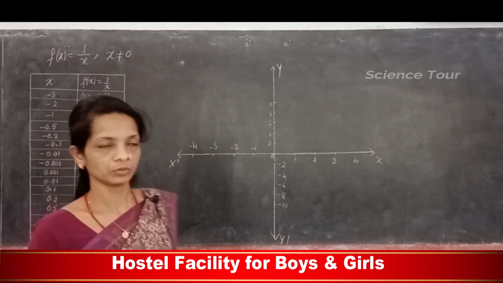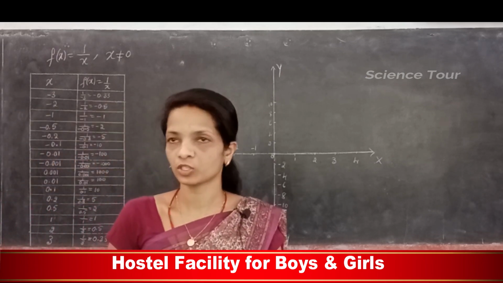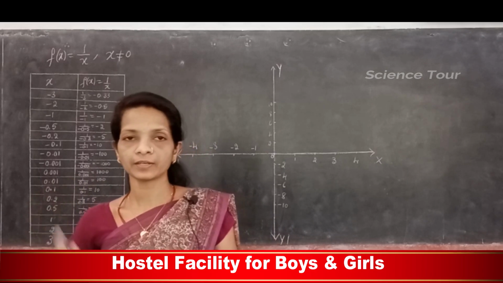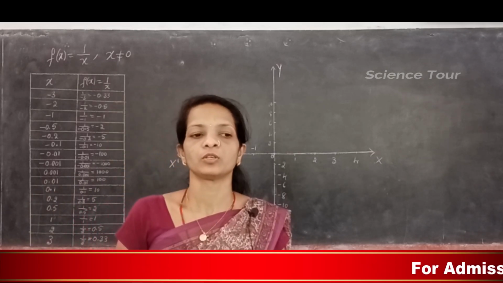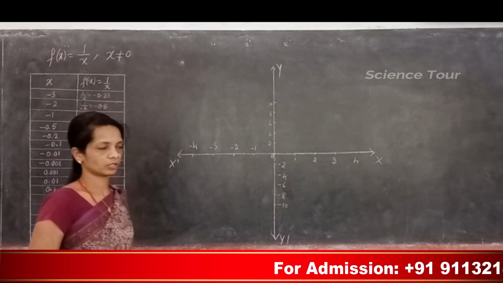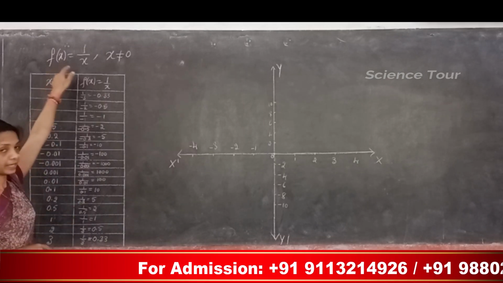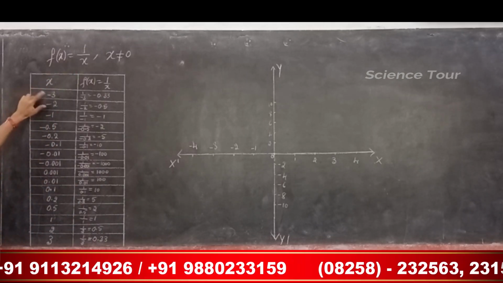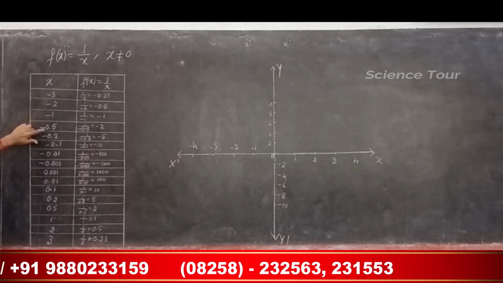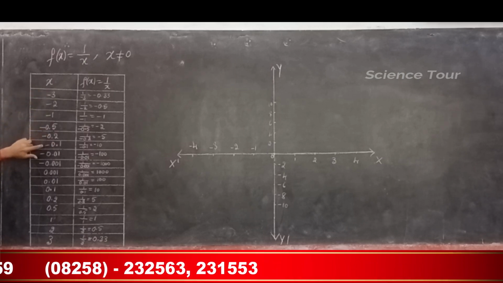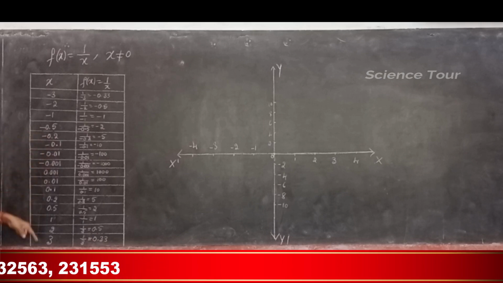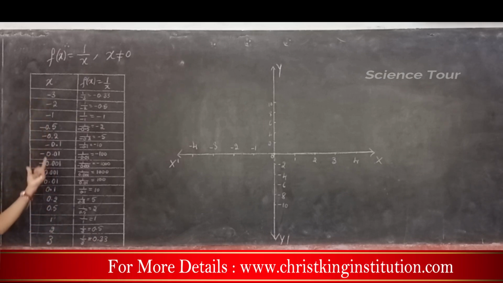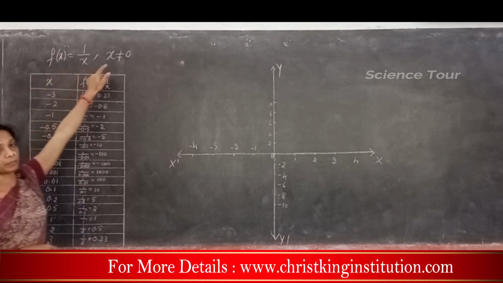Next, to draw the graph of the rational function 1 by x, we take some points using a table. To get a clear picture of the graph of 1 by x, I take points like this in the table: minus 3, minus 2, minus 1, minus 0.5, minus 0.2, minus 0.1, like that. Any real numbers you can take, but except 0.